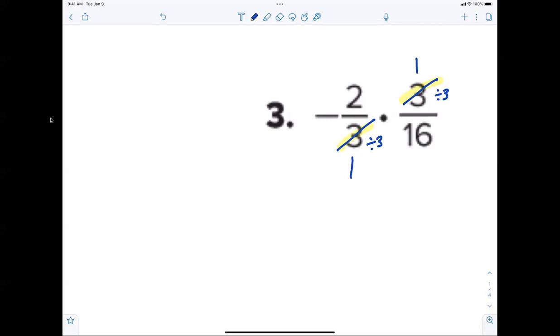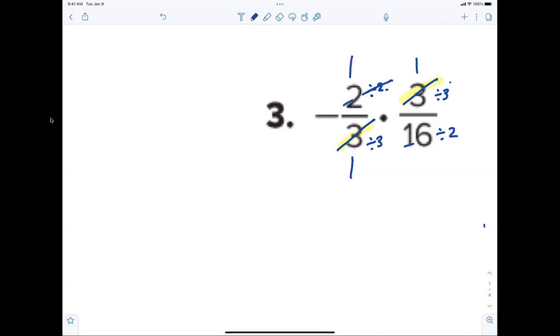1. Now you're looking diagonally at the 2 and the 16. What can be divided by 2 and divided by 16? 2. Exactly. So I'm going to put divided by 2 here. You don't have to. I'm just showing the work. And then what's 2 divided by 2?